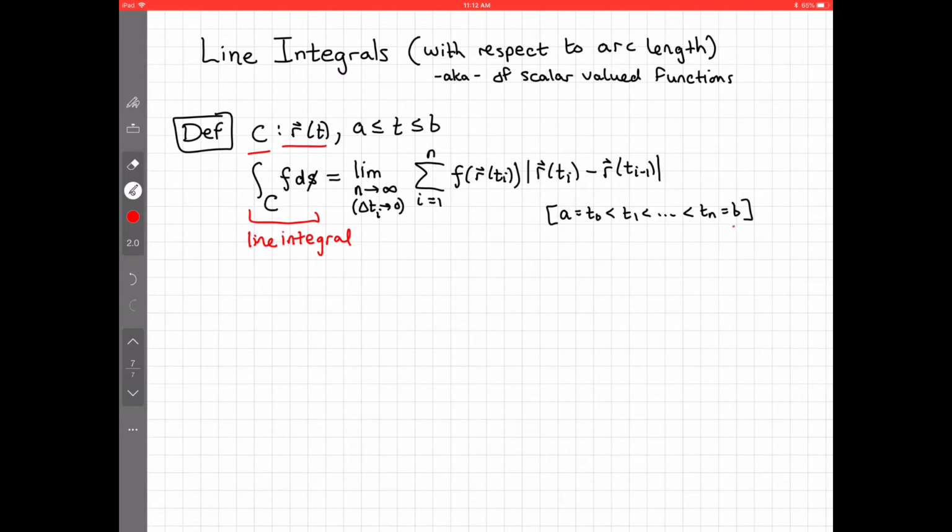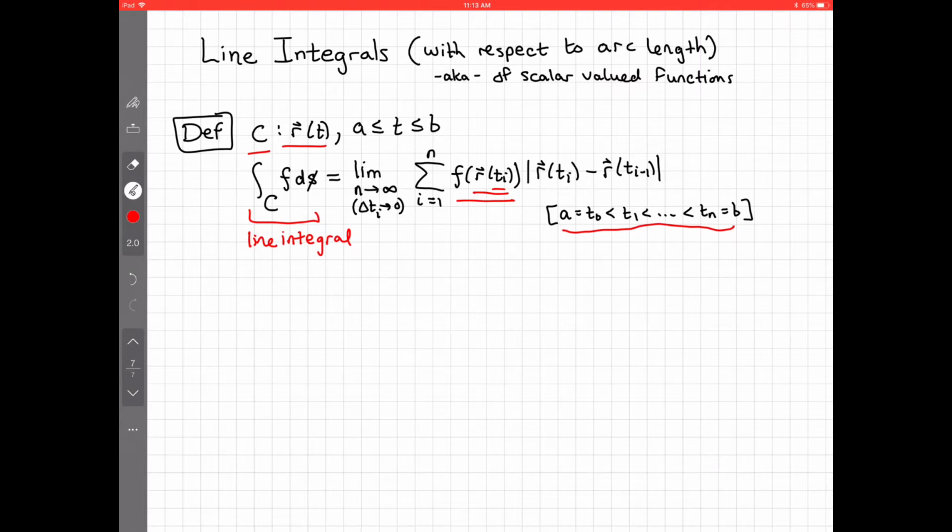So we start off with a partition of our domain for t, a partition of [a, b], and then we're going to plug those partition points into our parameterization. That gives us a point along our curve. We take these points along the curve and plug them into our function f.